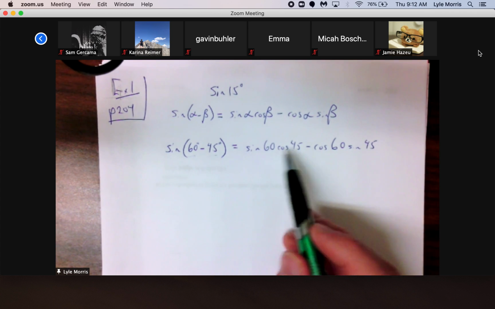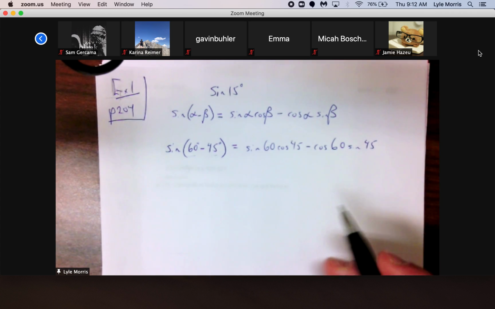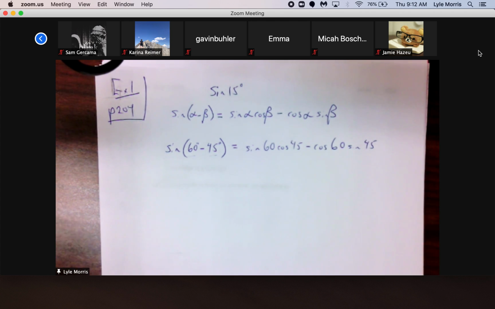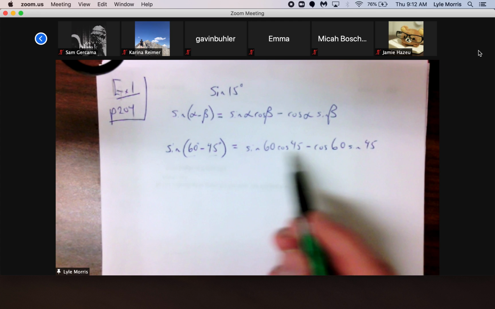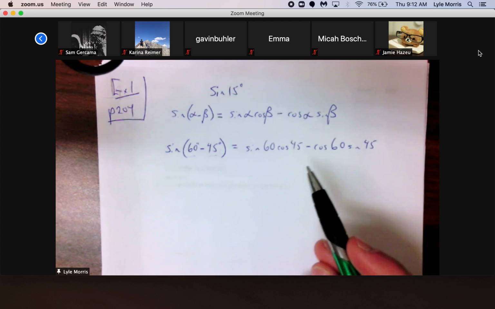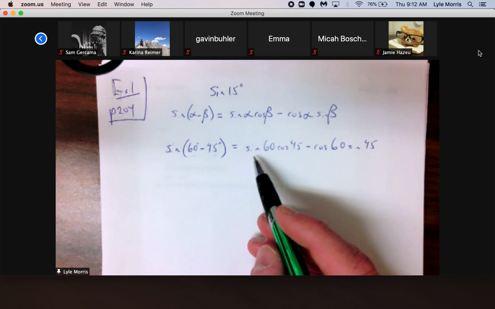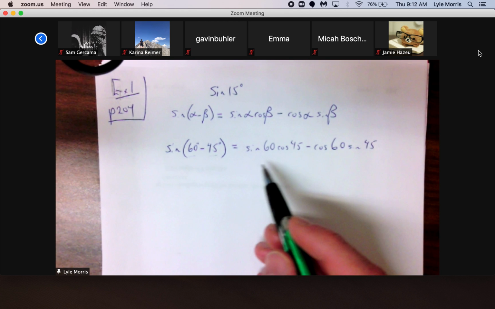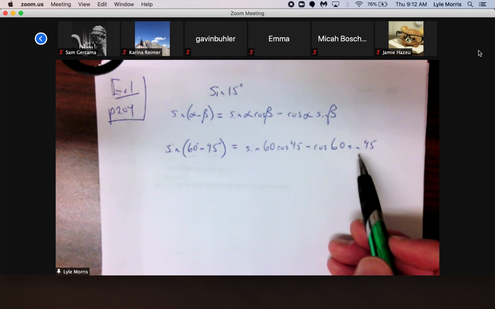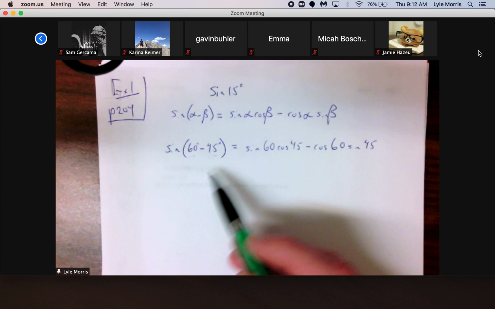We can plug in these numbers. These are our unit circle numbers, which is why we spent time on the unit circle and nailing it down. You might not know these off the top of your head; that will come with more practice. But worst case scenario, you fill out a unit circle, at least the parts you need. This is just the top right quadrant, and you can go from there.